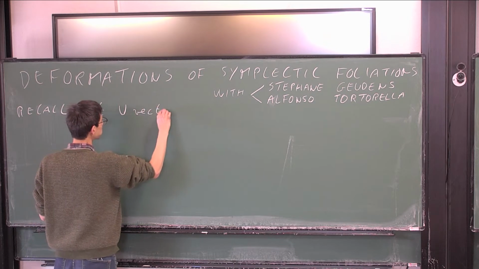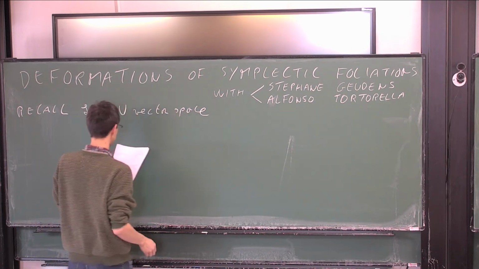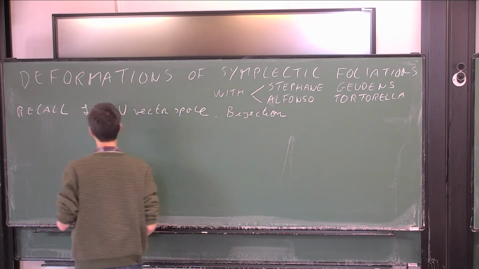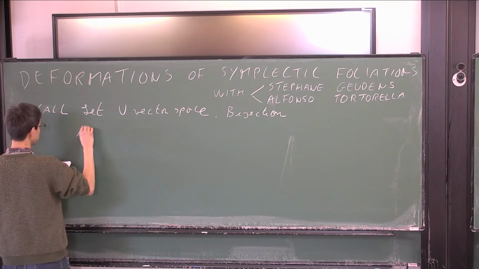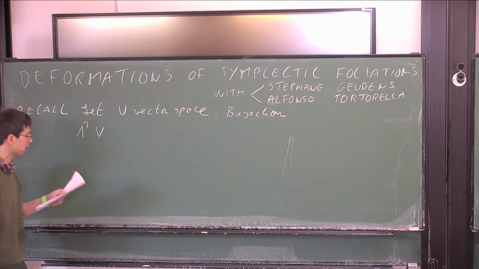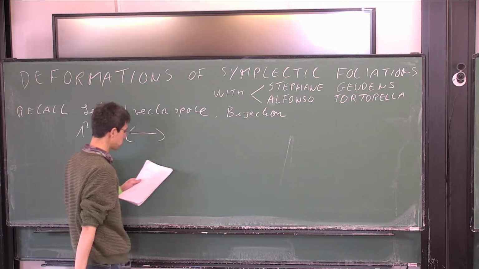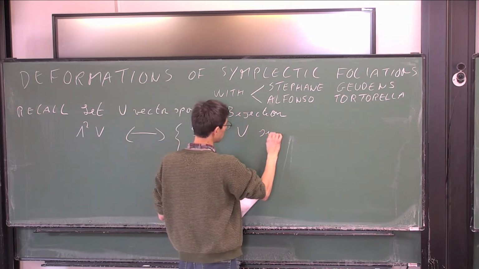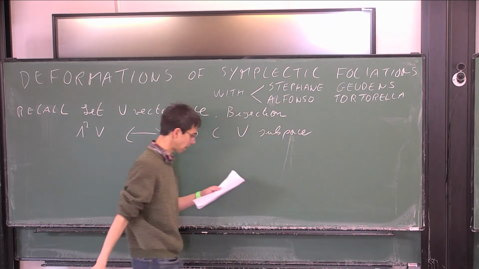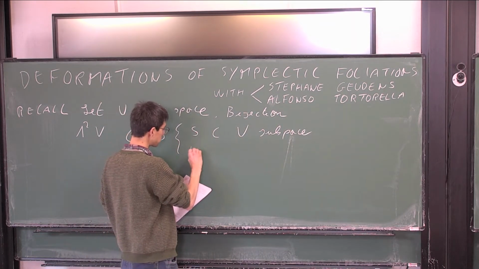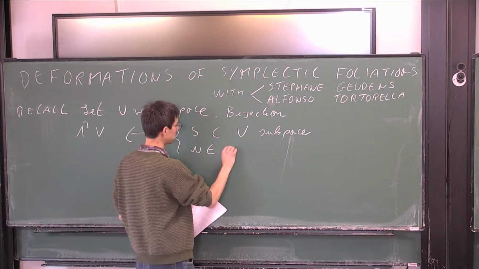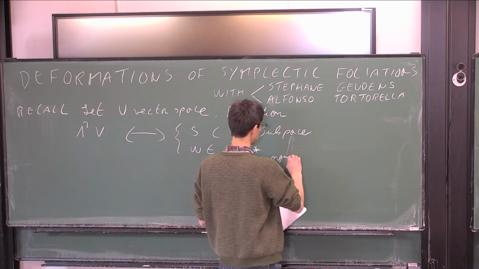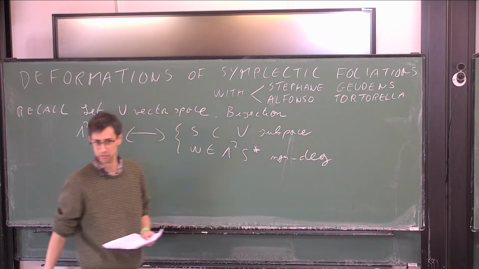Let's take a vector space V. Then we can look at bivectors, elements of the second exterior power of V. Such things are in bijection with pairs consisting of a subspace S of V, and a symplectic form on S, so a skew-symmetric bilinear form on S which is non-degenerate. So this is just linear algebra.